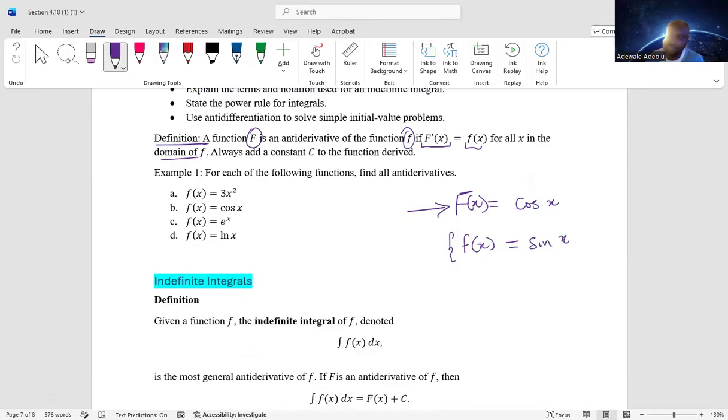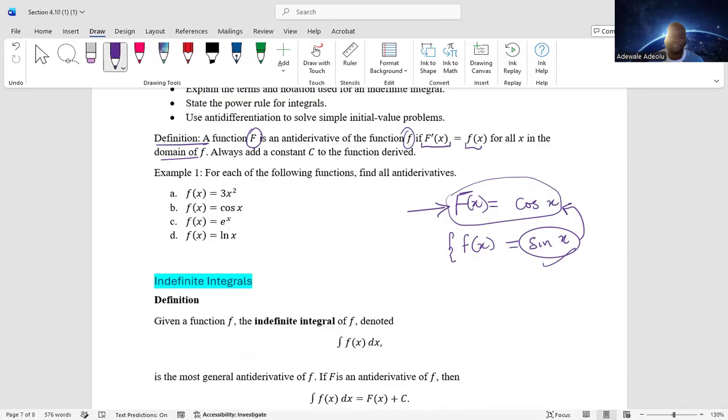Okay, now the question we need to ask is, if we take the derivative of sine of x, what are we going to get? If we take the derivative of sine of x, we do know that it is cosine of x, which is this. So in that case, we will claim that cosine of x is the antiderivative of sine of x. So that is what the definition is saying.